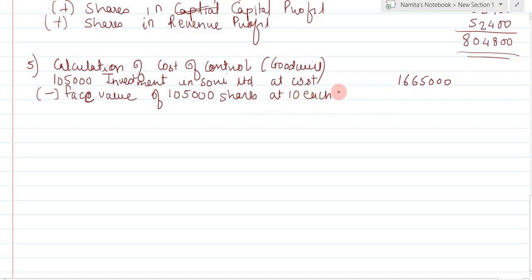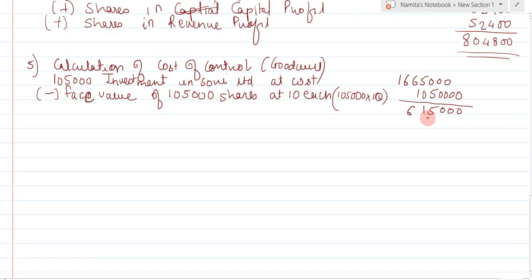That means 1,05,000 multiplied by 10, we get 10,50,000. So if we minus 10,50,000 from 16,65,000, we get 6,15,000. So that means it is a loss for us.